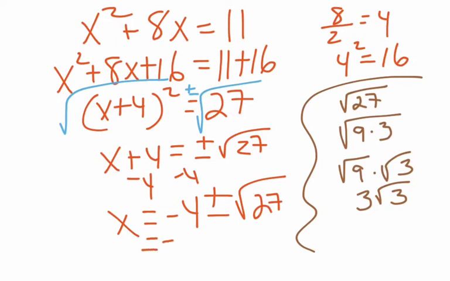So that's where the plus or minus 3 root 3 comes from. We will go into this in a lot more depth in a future unit when we are simplifying the radicals. So that's what the process looks like, for those of you that need to check the process, and that is our lesson on completing the square.